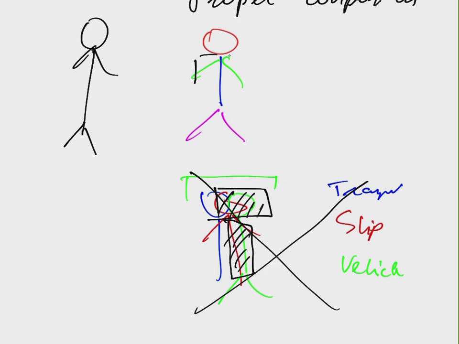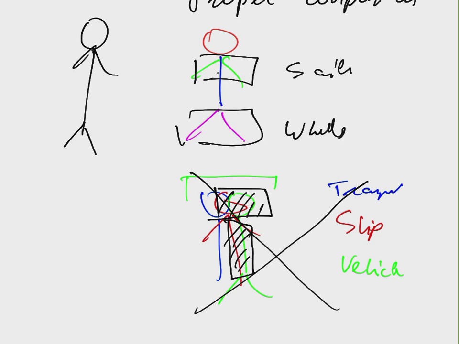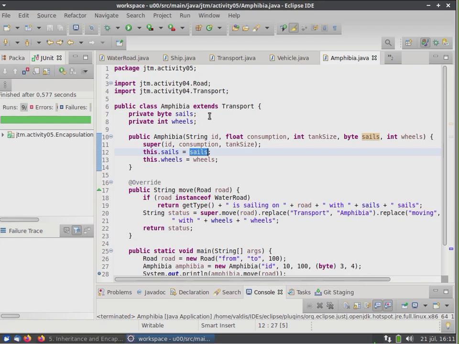We added, let's say, this is the sails part, what was needed, and this is the wheels part. So we have properly created our amphibia.